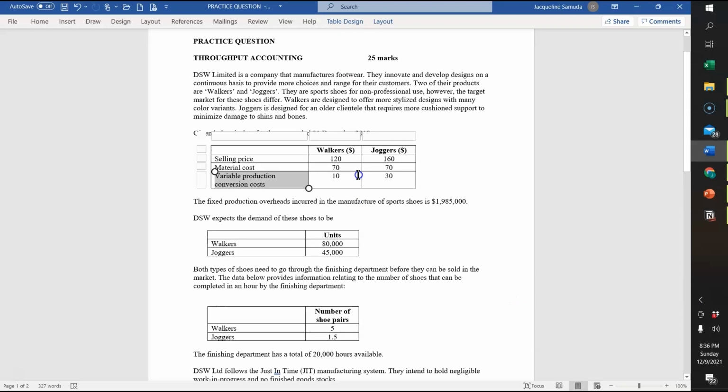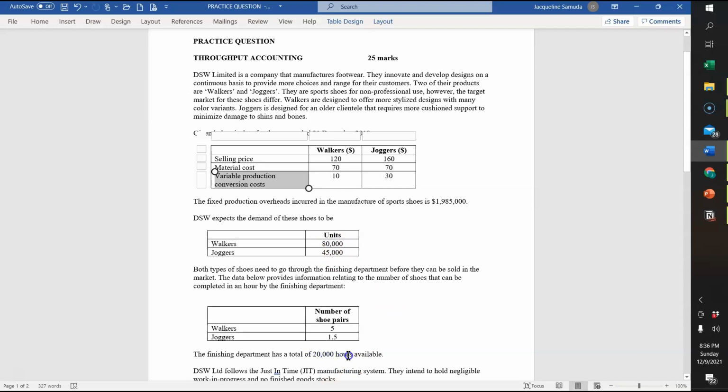It means that if you were to make 80,000 walkers and 45,000 joggers, the time that is required by the finishing department to do that would far exceed 20,000 hours.